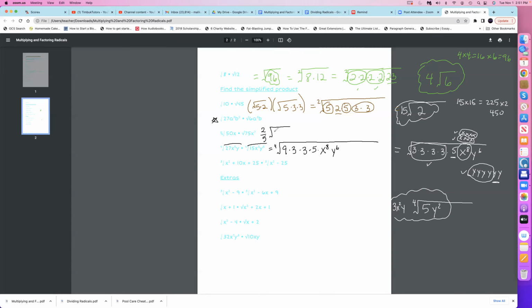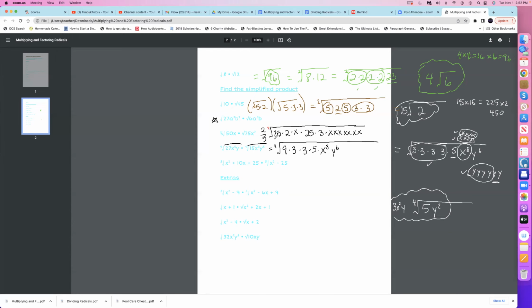Square root of 50x, I'll do 25 times 2 and the x. 75, I'll do 25 times 3. And then I have 7 x's. So I have no root index, so it's automatically a 2.